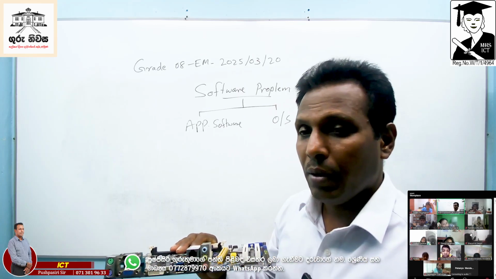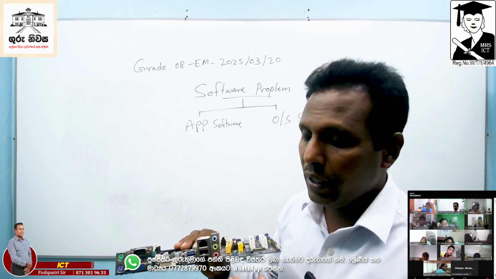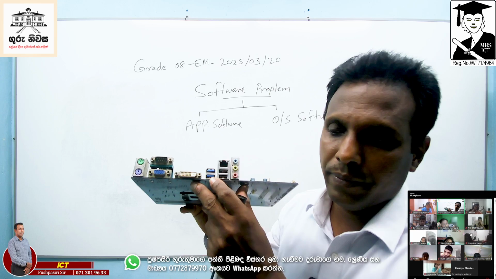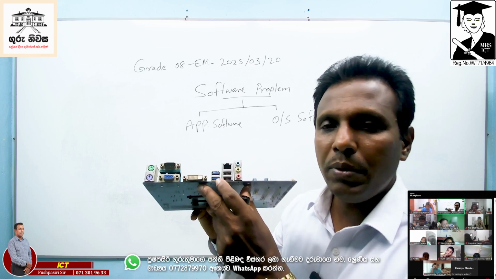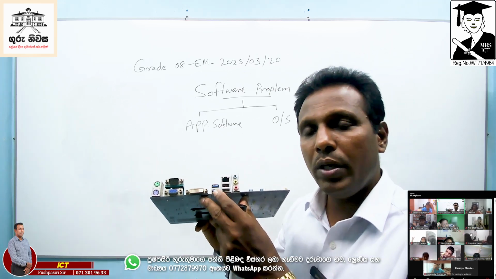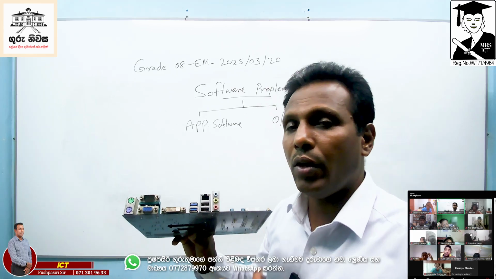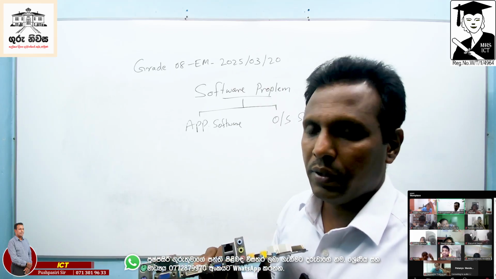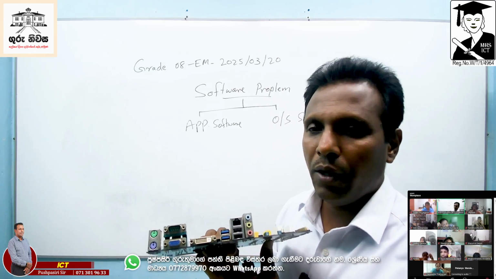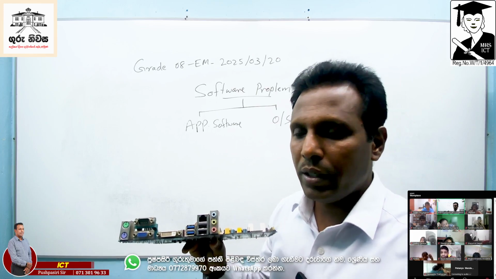But in that environment, USB came. Because of USB, we could connect the device through the USB without shutting down the computer. So everybody came to know that this is a good way.